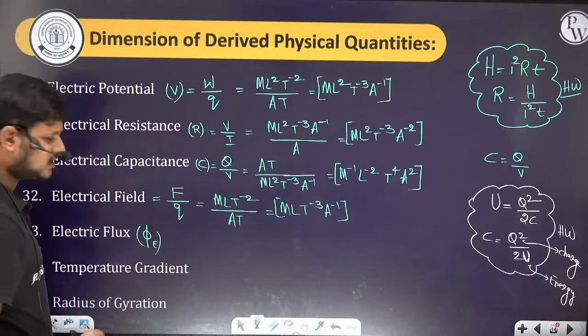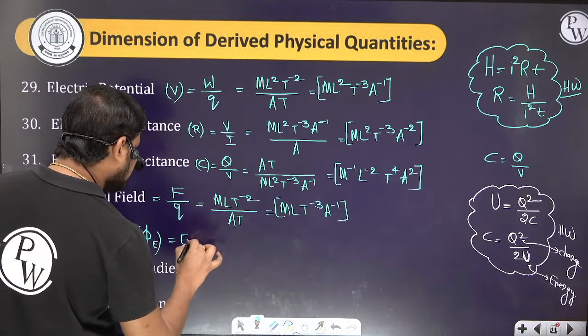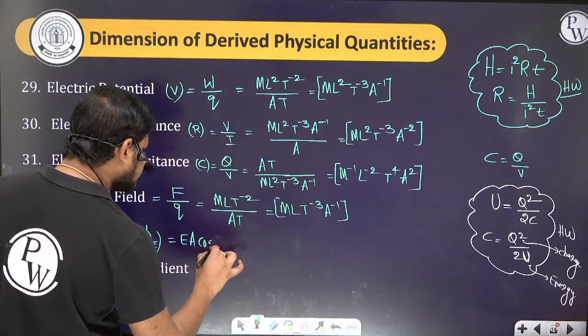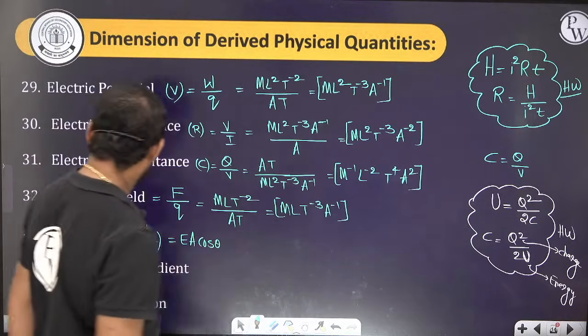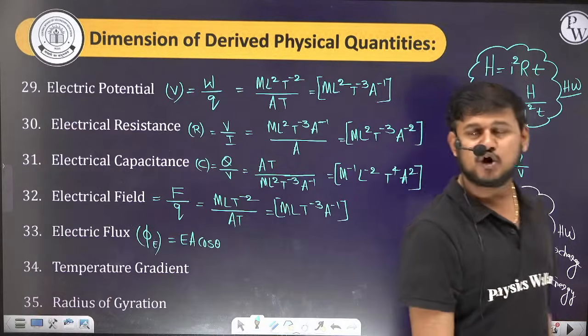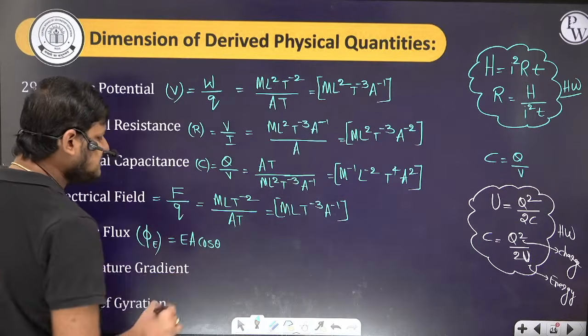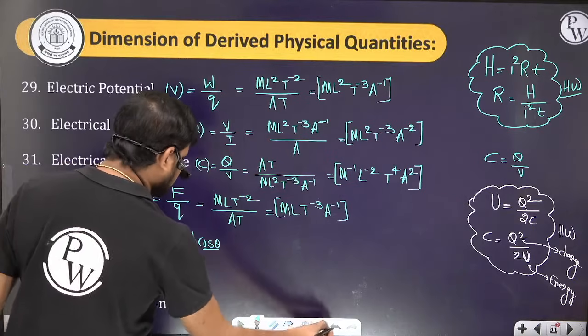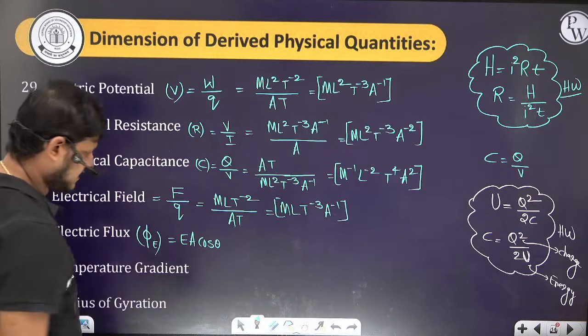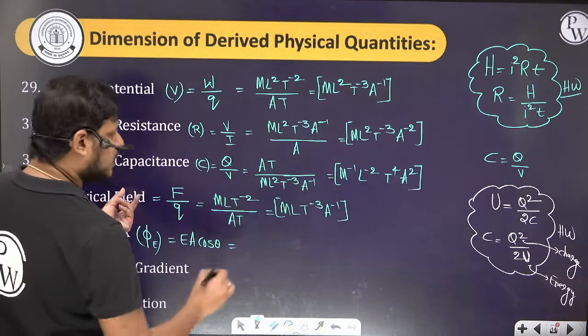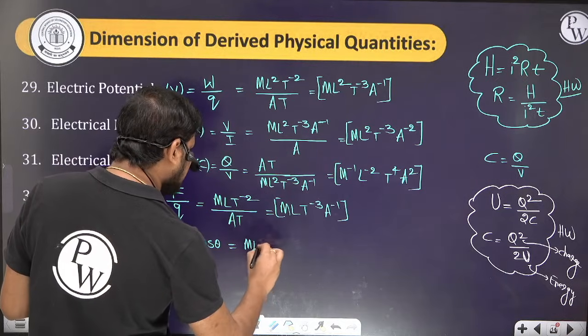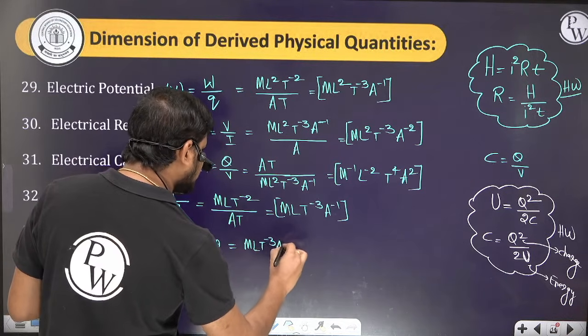Then we have electric flux, which is phi E. The formula for this is E dot A, which we write as EA cos theta. Now E is the electric field, A is the area, and cos theta is the trigonometric term, which is a dimensionless quantity. Electric field you already know: MLT to the power minus 3, A to the power minus 1.